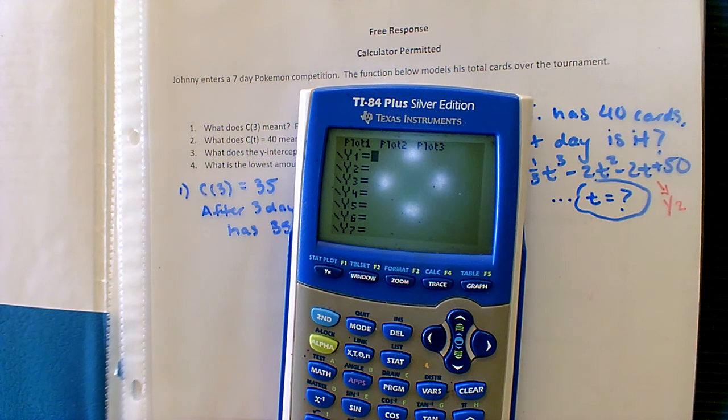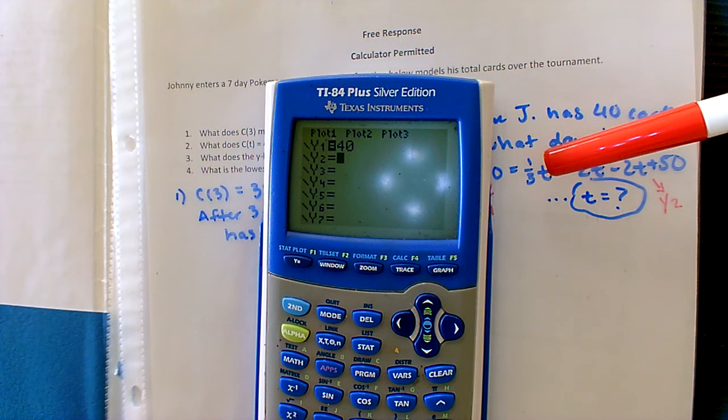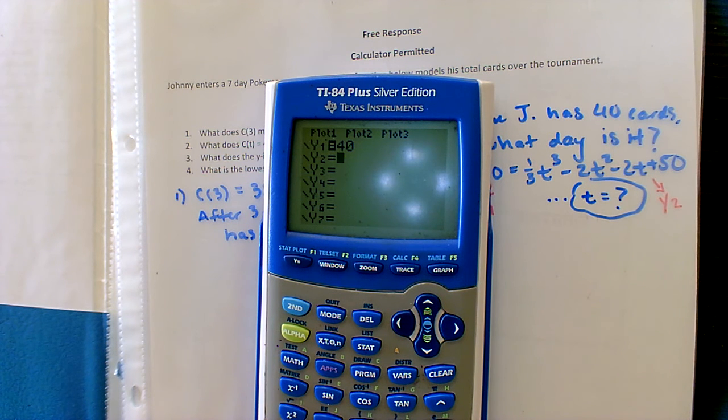All right, so in Y1, go ahead and type in 40. All right, go ahead and arrow down to Y2. We're now going to type in the other side that has all the t's and things in it. Okay, now when it comes to your calculator, typing in a fraction can get a little tricky.